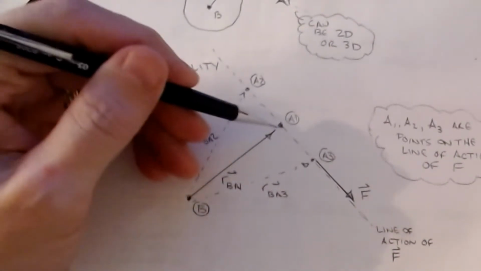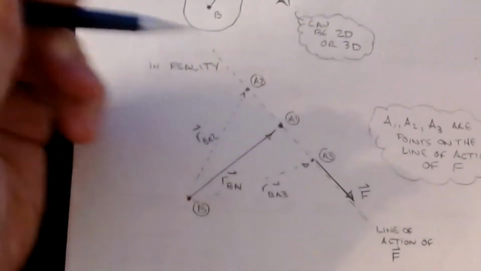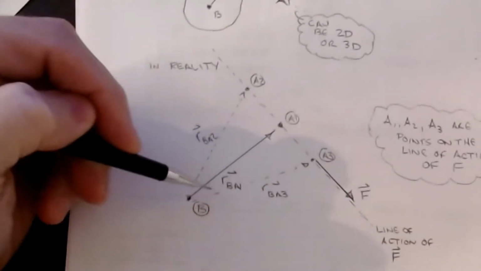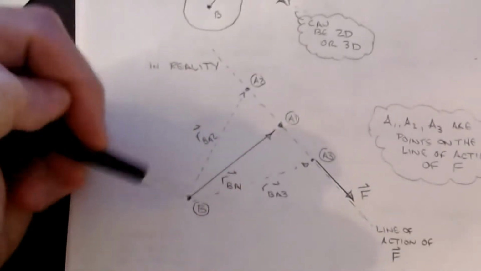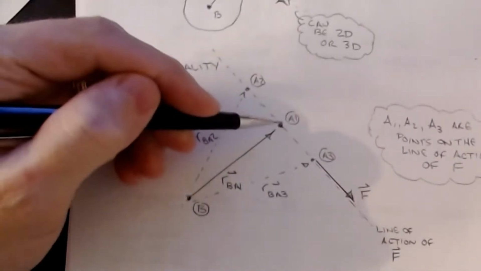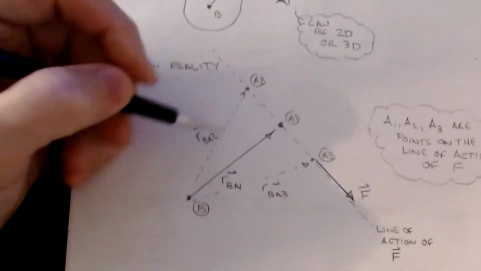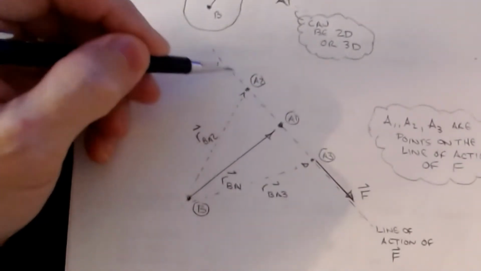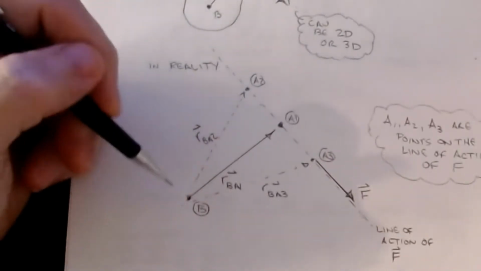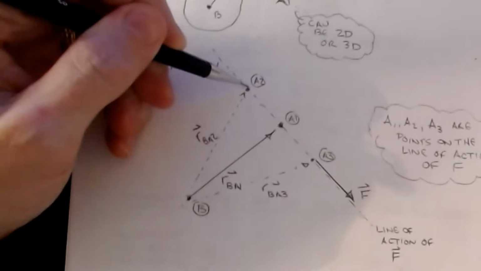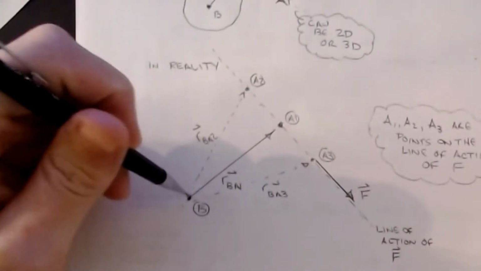So say I called my original point A as A1, and I could use this as R_BA1, from B to A1, find that position vector. I'd have to know these coordinates, which you have to know anyway, so it's not a big deal. And then A2 would be another point on that line, and I could find the same moment about B by taking a position vector from here up to here, and I will get the exact same value of the moment at B.